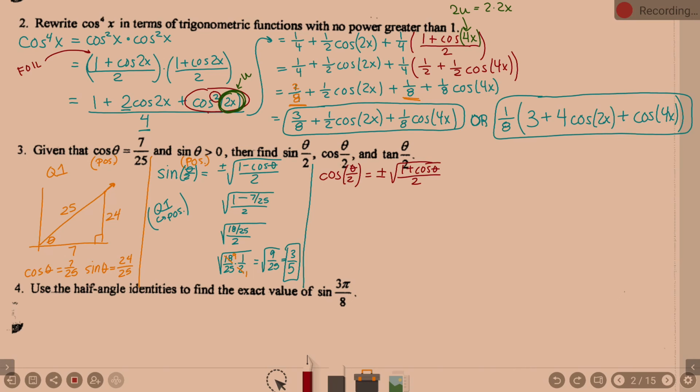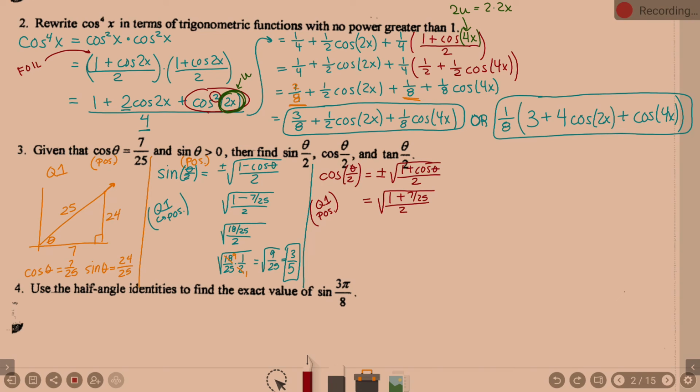Well, you can decide about that plus or minus right off the bat. It's got to be positive, because we're in quadrant 1. 1 plus, what was cosine theta? 7 over 25, divided by 2.